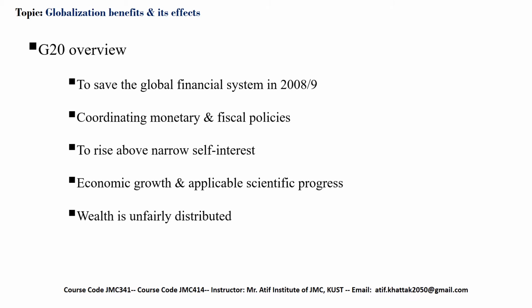The ability of countries to rise above narrow self interest has brought unprecedented economic wealth and plenty of applicable scientific progress. However, for different reasons, not everyone has been benefiting the same from globalization and technological change. Wealth is unfairly distributed, and economic growth came at huge environmental costs.